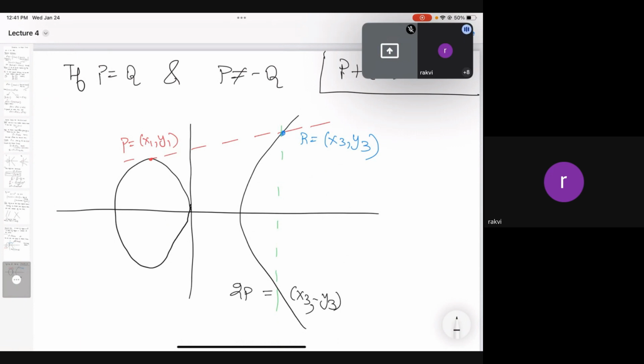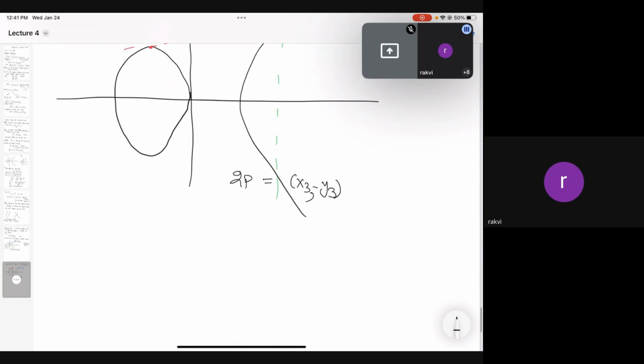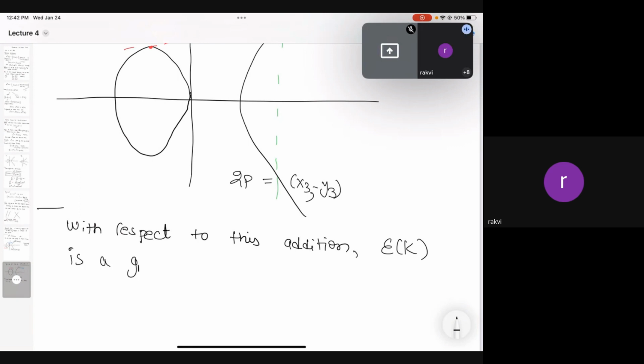Only when we take the reflection does it make sense to talk about these points as a group. So whatever addition I have described, with respect to this addition, the set of all k points of my elliptic curve is a group.